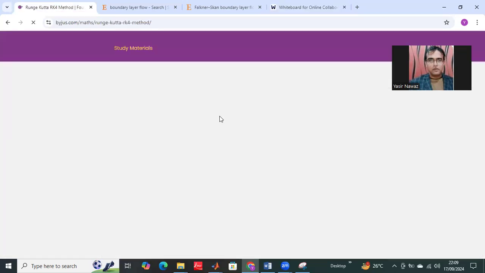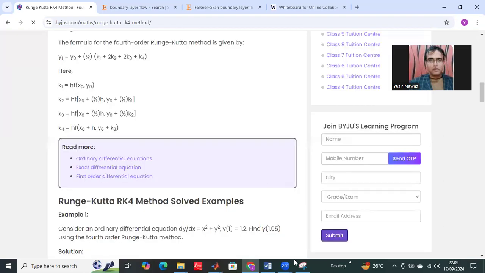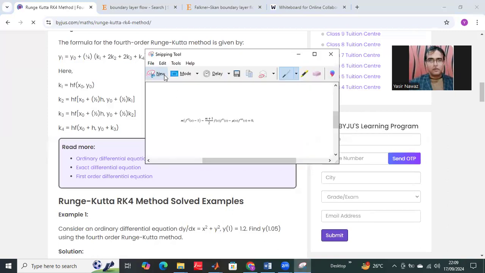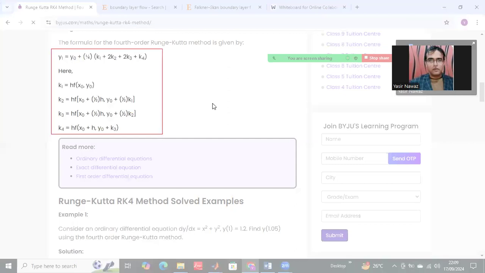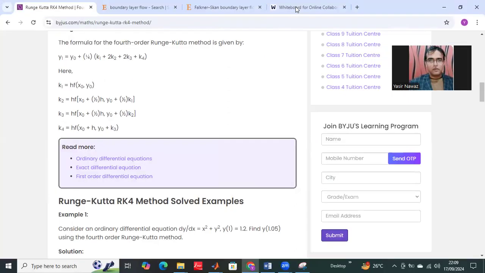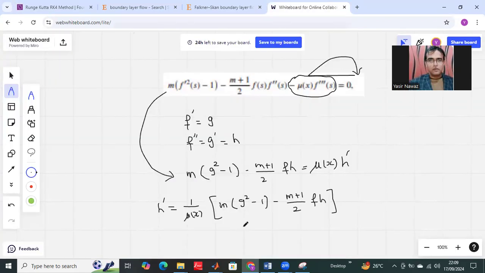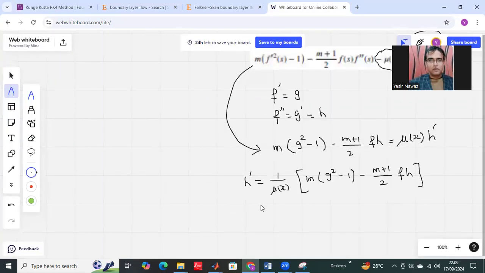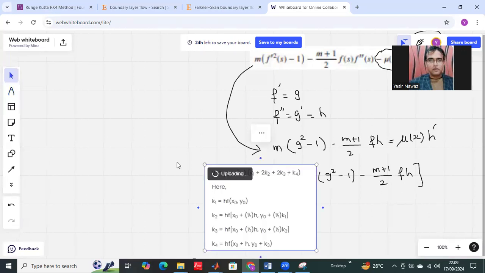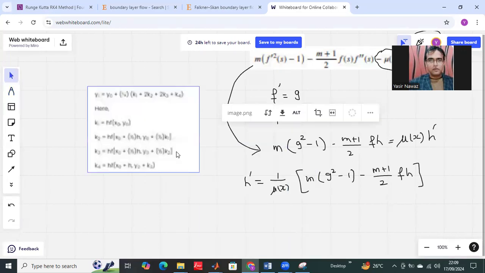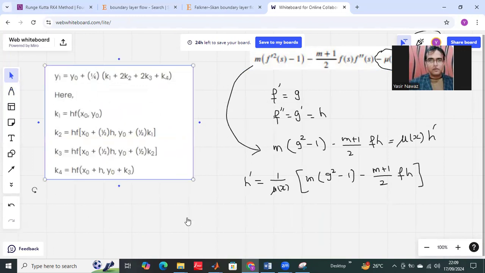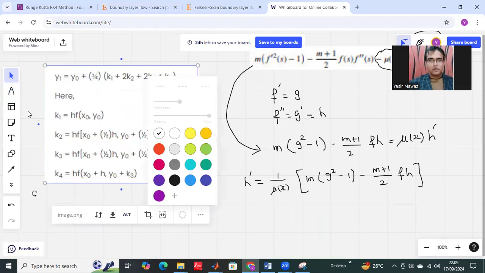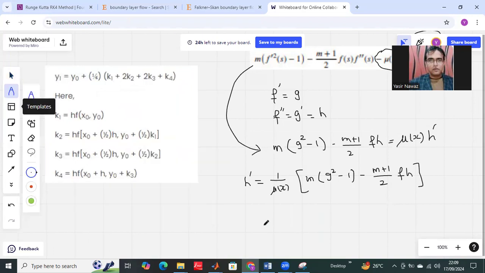So now I will apply the Runge-Kutta method of order 4. I will bring the formula and then apply that formula onto the equations. So this is the formula for the Runge-Kutta of order 4. I paste the formula here, then I will apply. So the first step is K1.